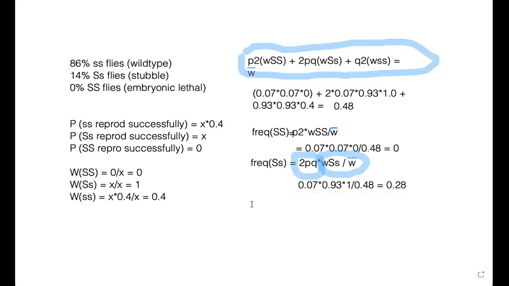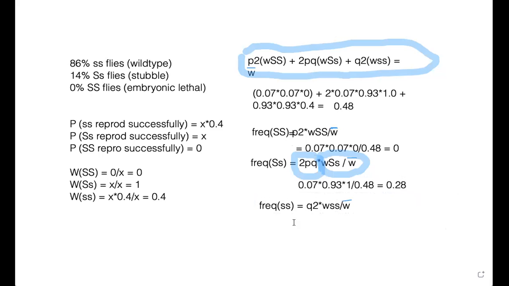All right, finally, from here you could calculate the frequency of the wild types as just 1 minus 0.28, but let's go through it the long way. Frequency of little s homozygotes is q squared times the relative fitness of that genotype divided by W bar.